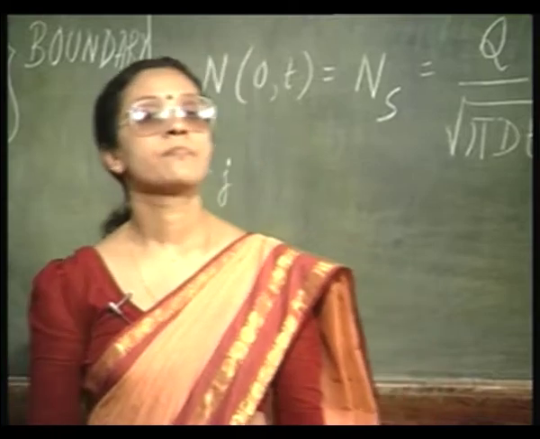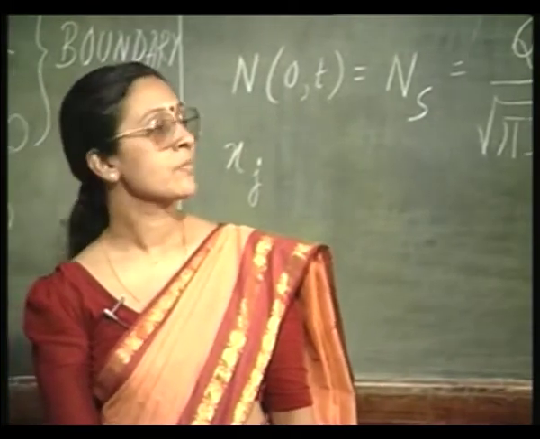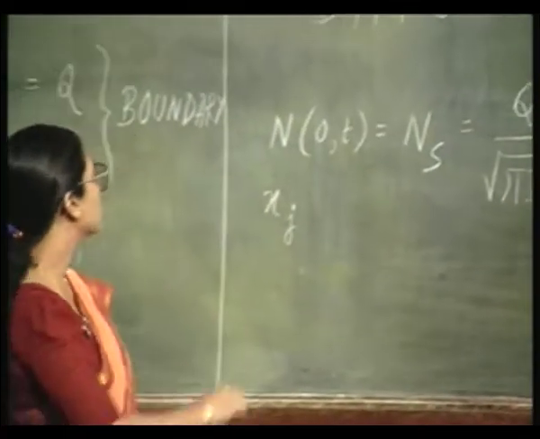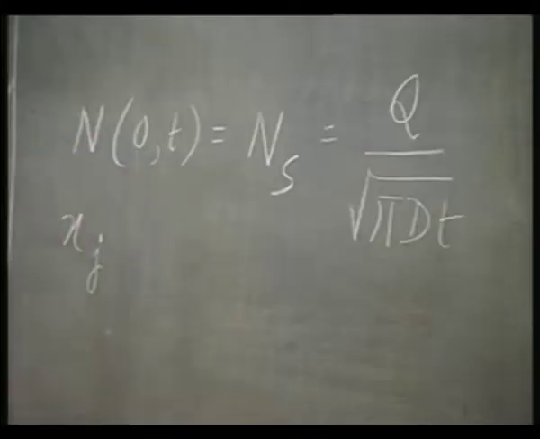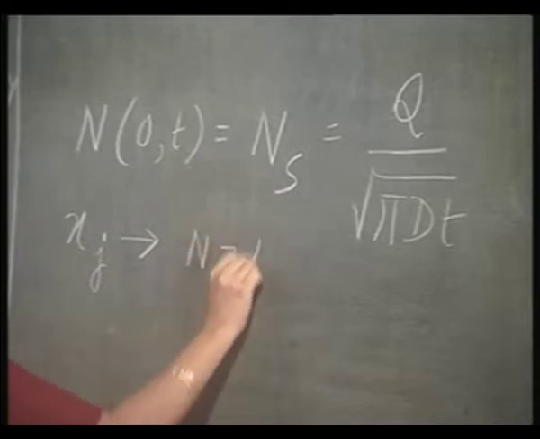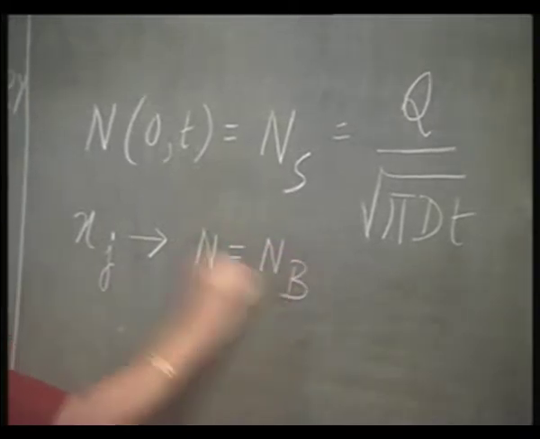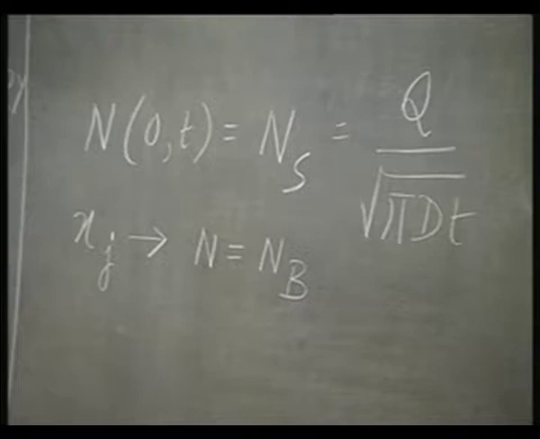In other words, that is the point where N becomes equal to the background doping concentration. So, xj corresponds to N equal to Nb, Nb being the background doping concentration.